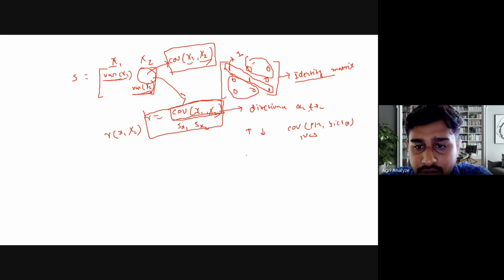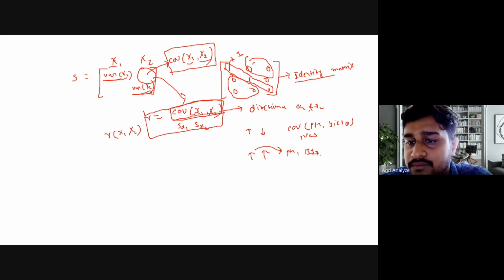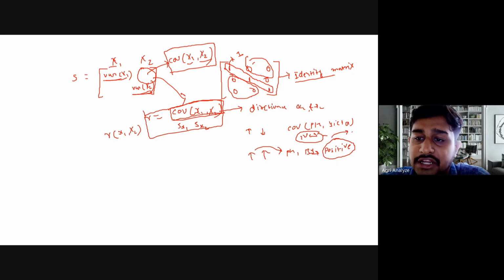If plant height increases and biological yield also increases, then the covariance between plant height and biological yield is positive. So the negative or positive sign of the covariance between two variables shows the directional relationship between the two variables. Up to this point, does anyone have a question?